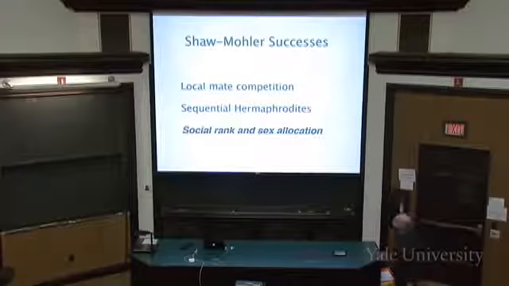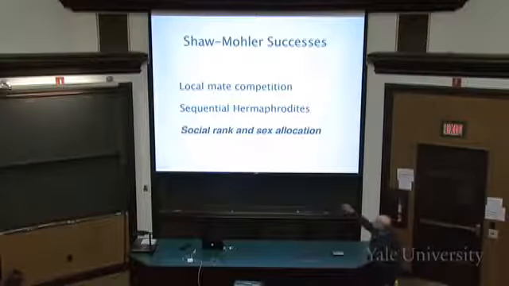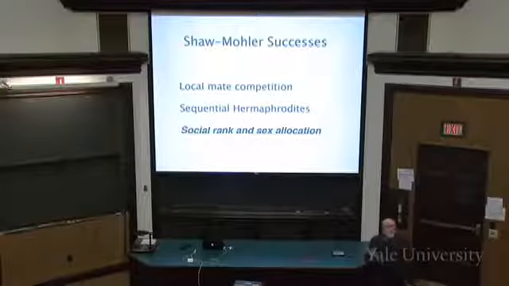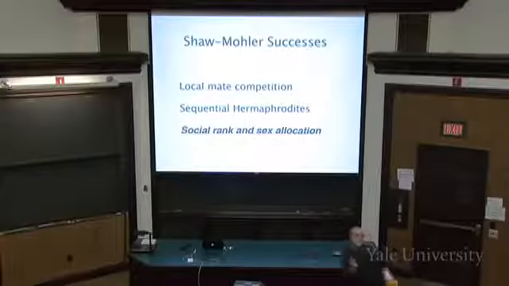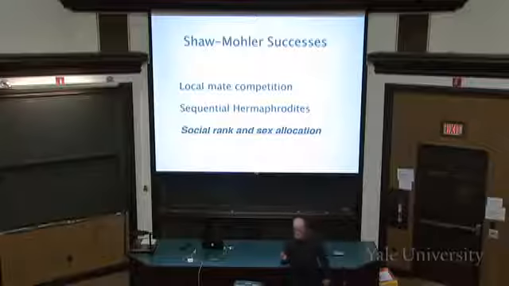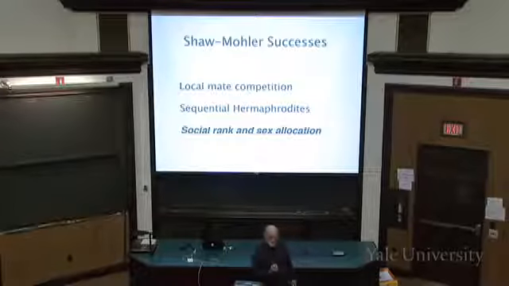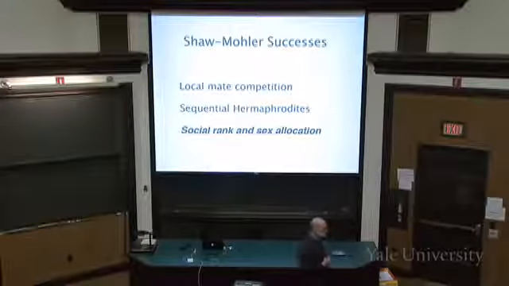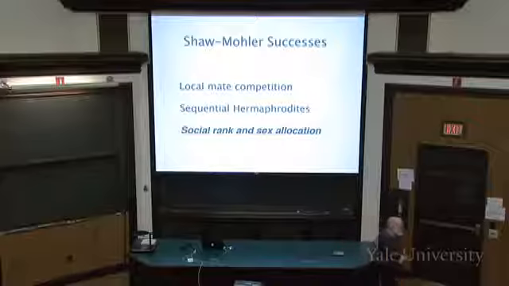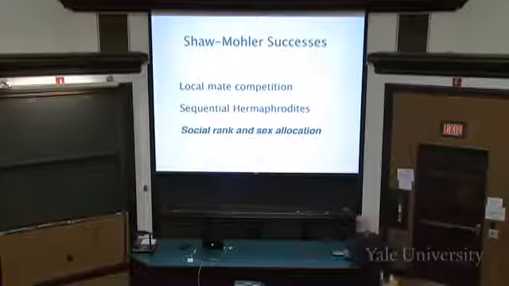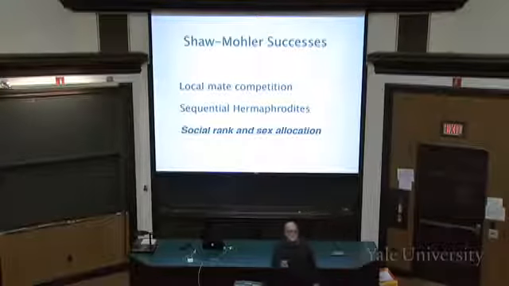Okay, so the Charnov-Bull theorem actually tells us quite a bit about the main questions of sequential hermaphrodites. Remember, they are: what sex should I be born, and at what age and size should I change sex? And by the way, the existence of sequential hermaphrodites leads us to certain puzzles.